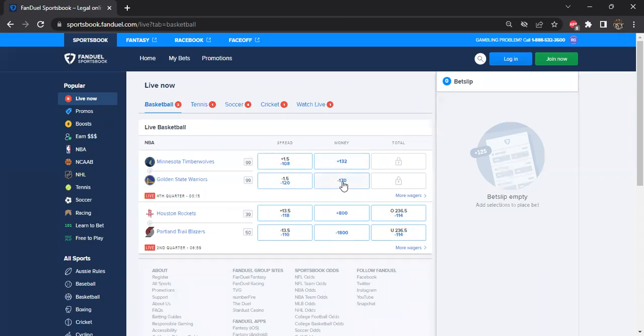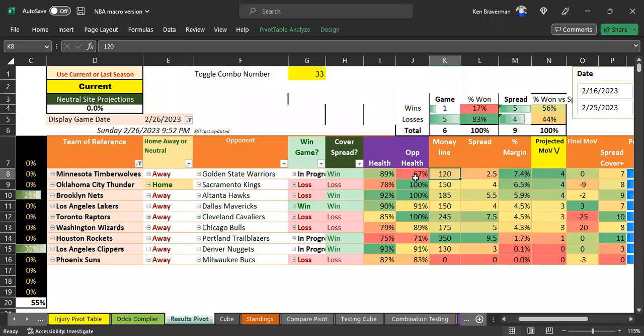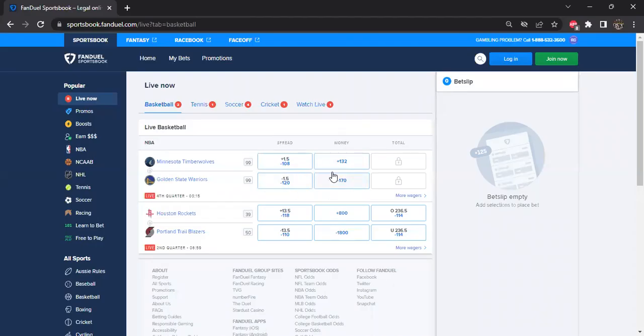Now, what's interesting about why I chose to take Golden State when they were down, even though the algorithm said no, is because there was so much money looking at Golden State and wanting to be on Golden State that I figured if they're going to jump to positive lines, and at a really reasonable positive line, like a plus 170, not minus 170 as it shows right now.